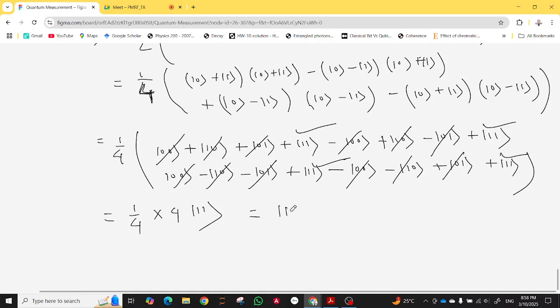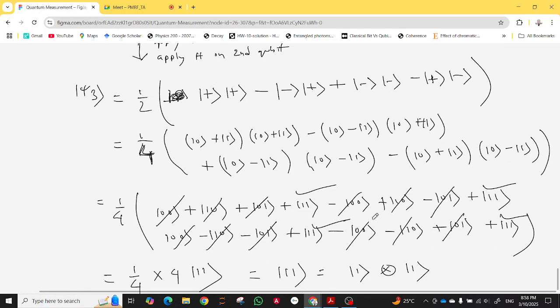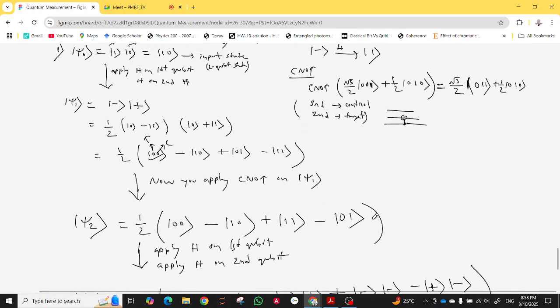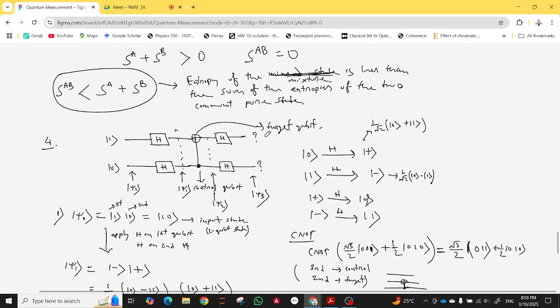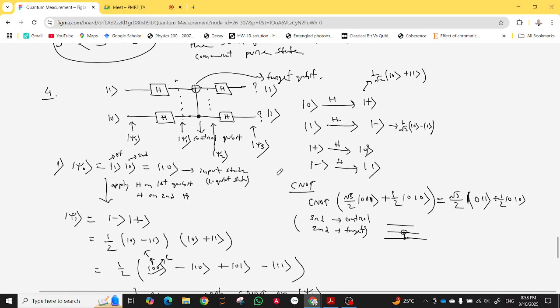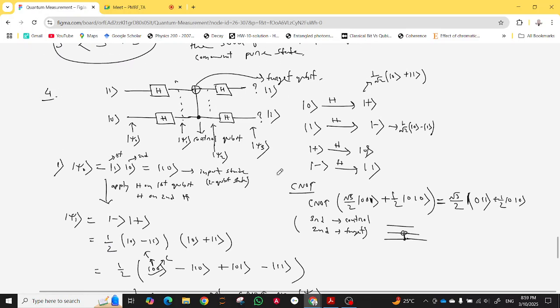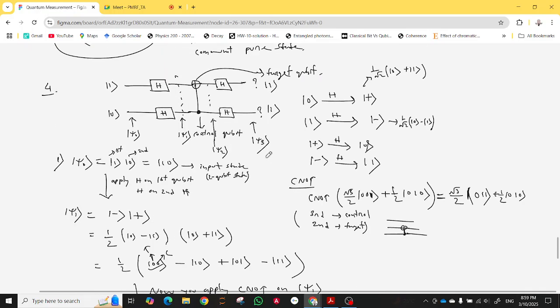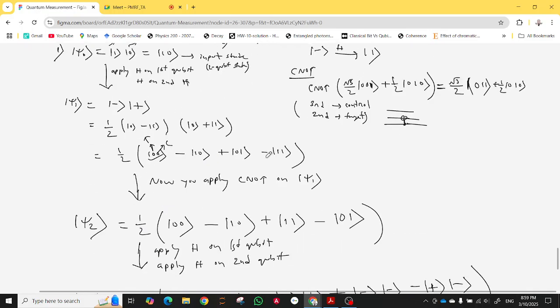So this is 1 1. That means the first qubit is 1, and the second qubit is also 1. So your measurement outcome will be 1 1, right? You will get 1 here and 1 here. So the outcome of your state psi 3 is 1 1. The two qubit state is such that both qubits are in the 1 state.